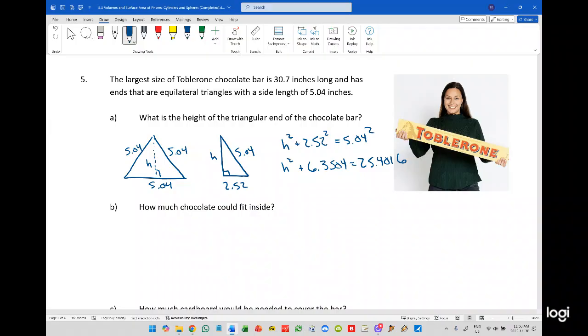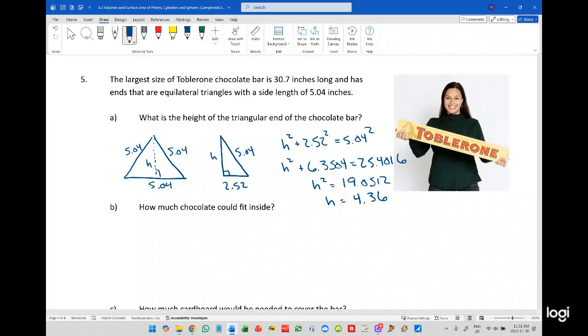Take that, subtract off 6.3504 from both sides. That gives us h squared equals 19.0512. Square root that, and h is equal to 4.36. At least rounded to the closest two decimal places. And since our other two sides are 1 or 2 decimal places, I think this is perfectly accurate.